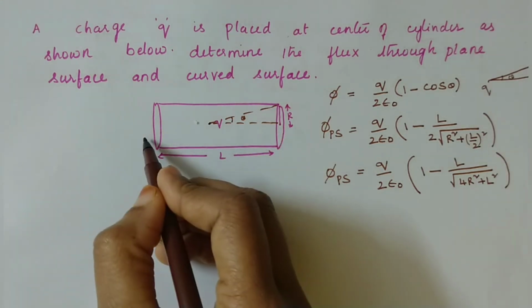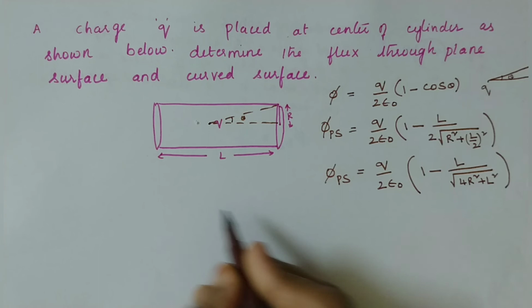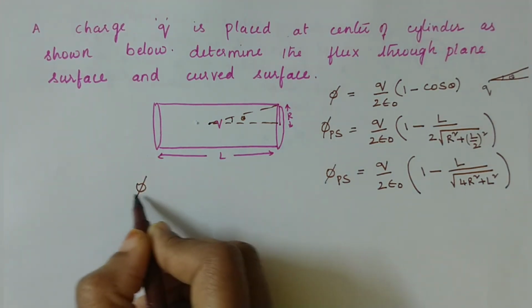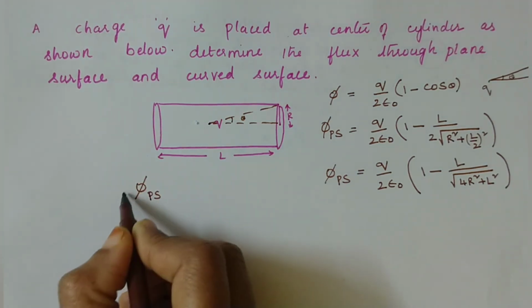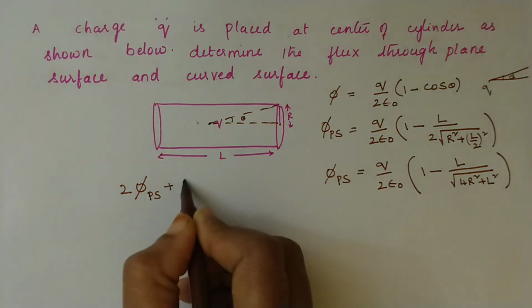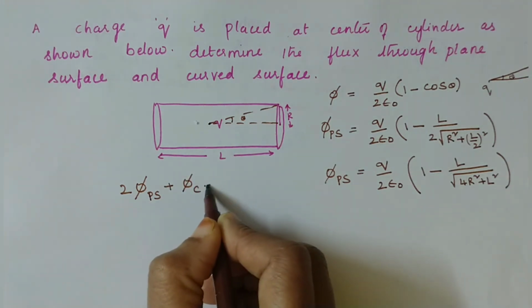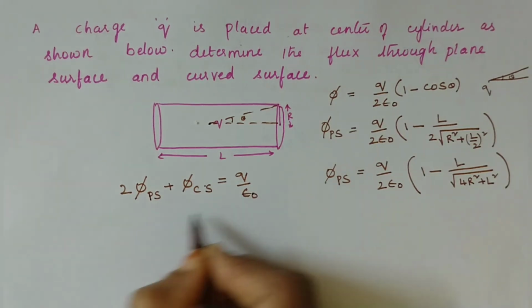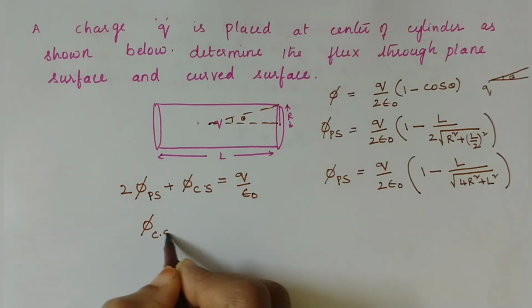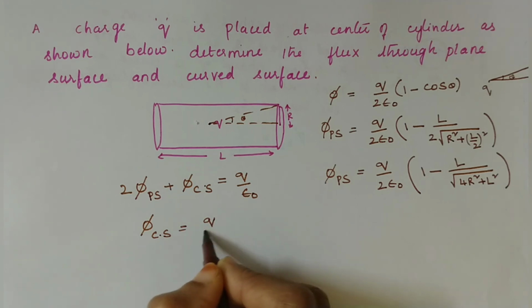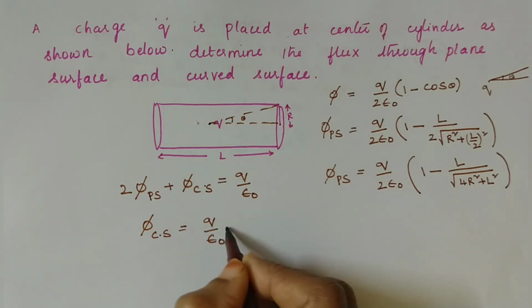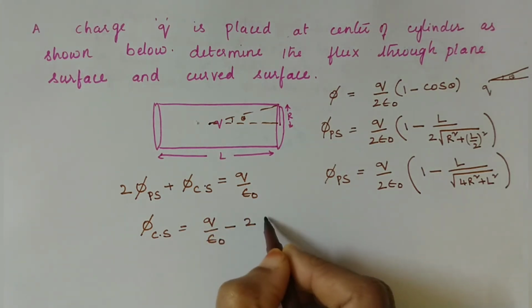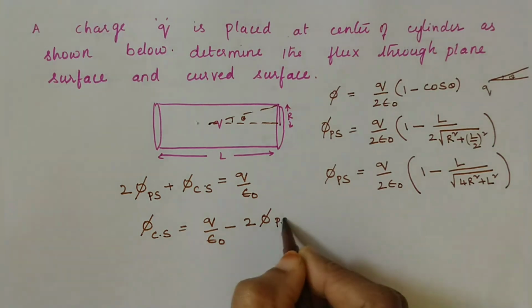Now there are two plane surfaces and one curved surface. Flux through two plane surfaces plus flux through curved surface should be q by epsilon naught. So flux through curved surface will be q by epsilon naught minus 2 times flux through the plane surface.